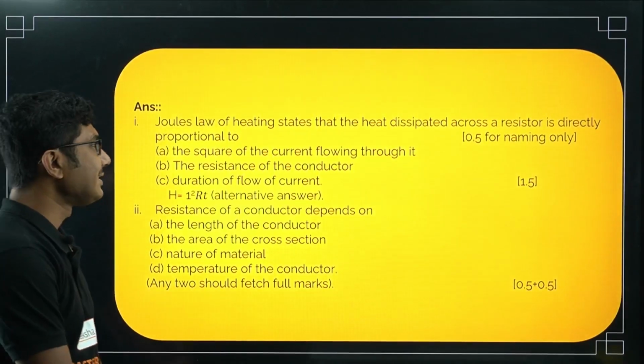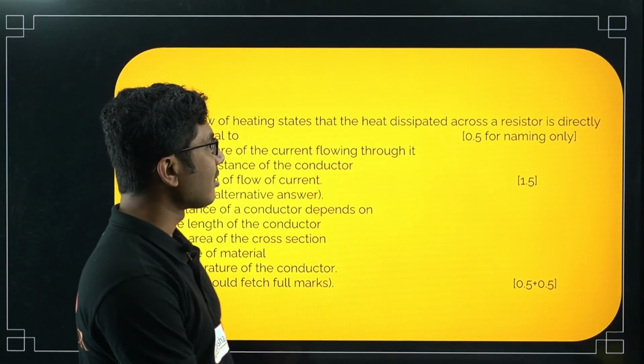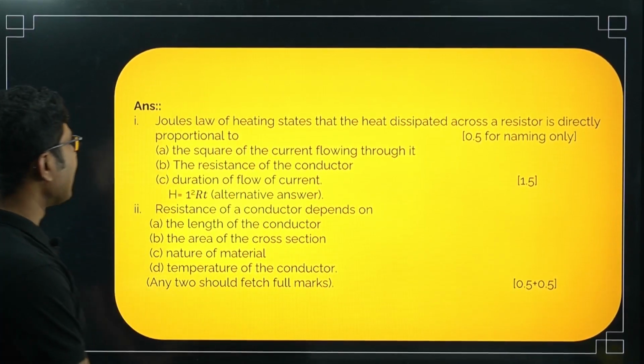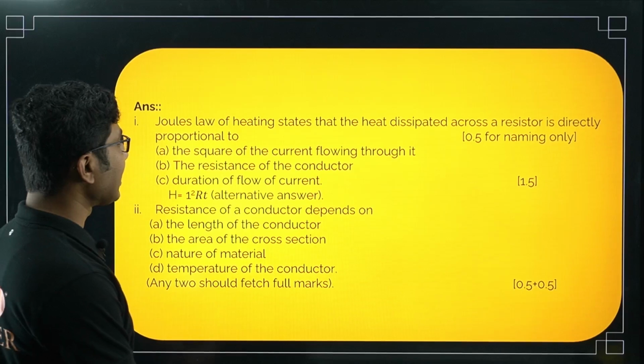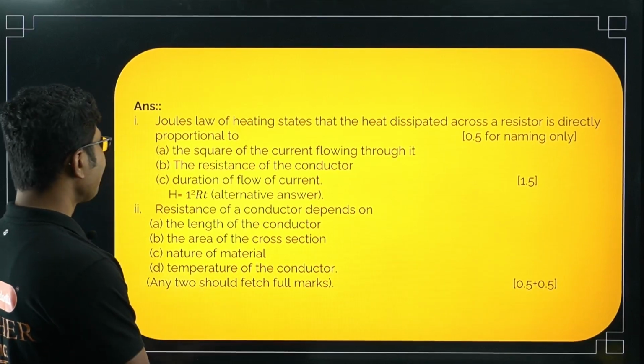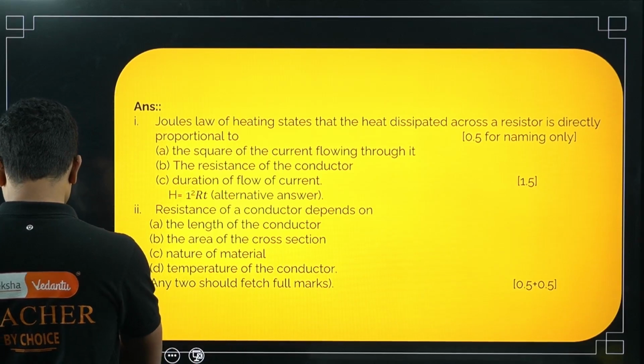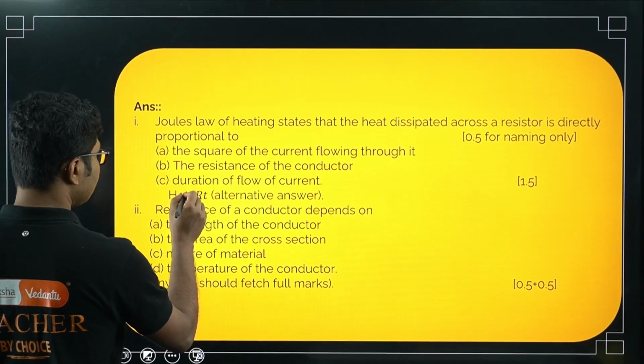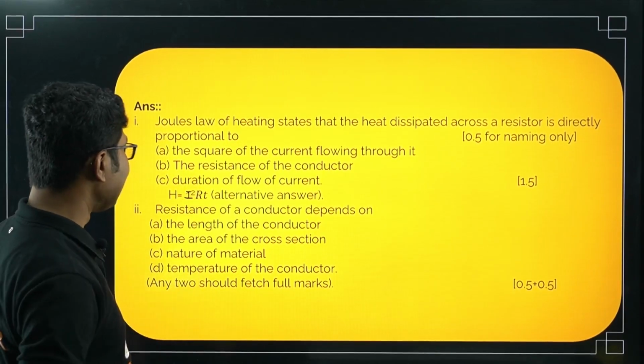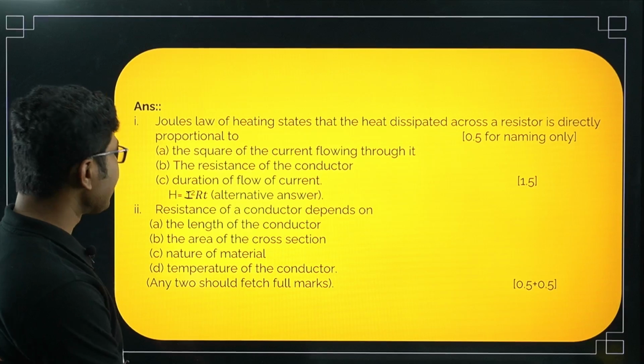Joule's law of heating states that the heat dissipated across a resistor is directly proportional to the square of the current flowing through it, the resistance of the conductor, and the duration of the flow of current.